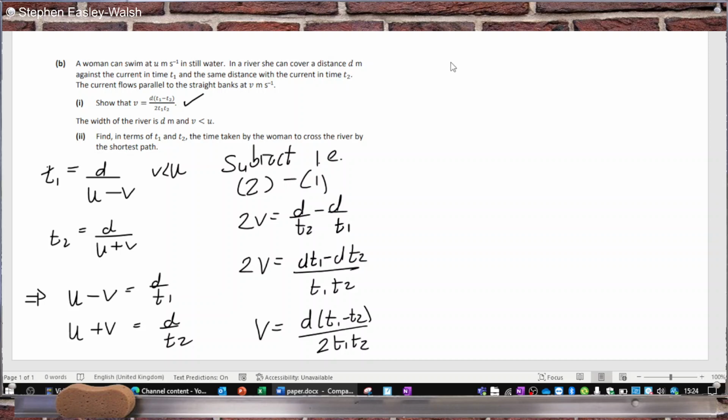Okay, so I'm going to draw this out. We've got the river, and the width of the river is d. And it's still flowing at v. And remember, she can swim at u. And she wants to go by the shortest path.